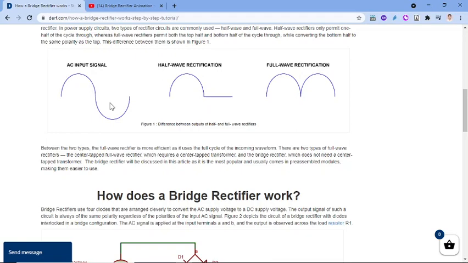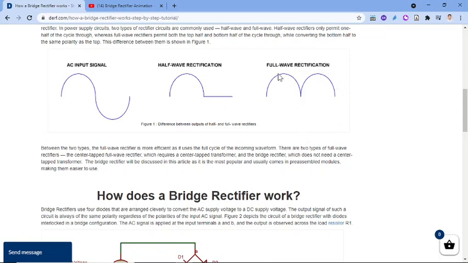Here we have two waves, right? Full wave, we say this is full wave, and in the output we will get a half wave. In the case of full wave rectification, we will get two waves, but here it is inverted, right? Here it is negative, here it is positive. So even though we can say that we are getting full wave output, this is DC current, there is no negative.